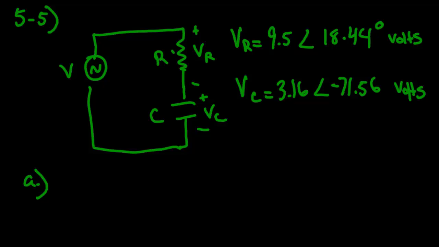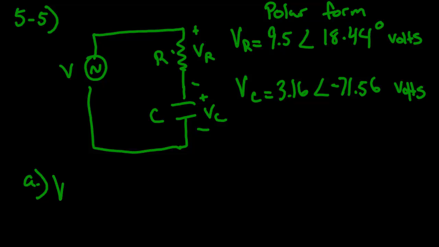So now I would do 9.5 cos 18.44 to convert. That's what part A is saying. Part A is saying convert from polar form, which is what this form is, to rectangular form.